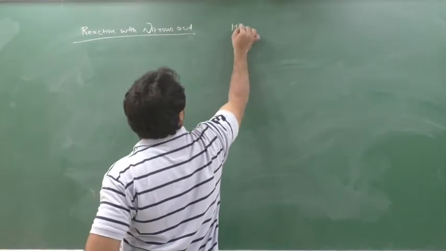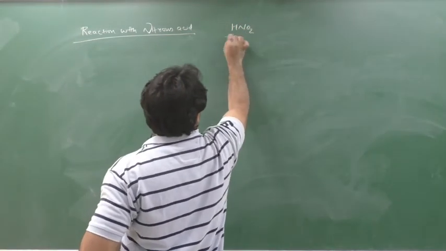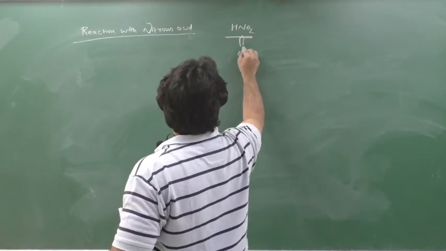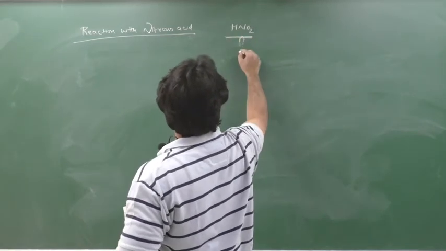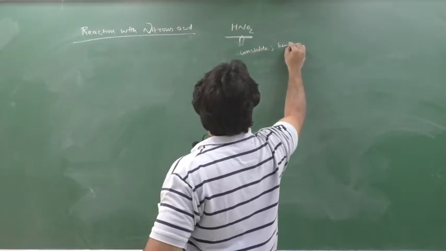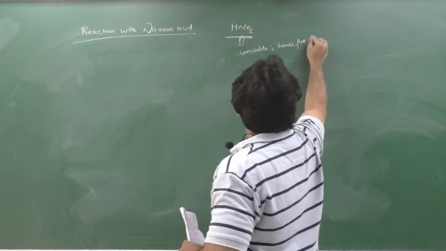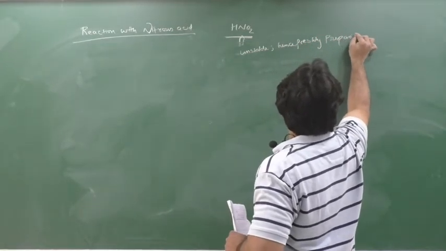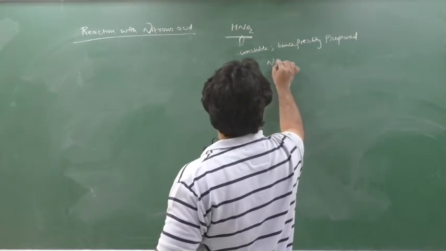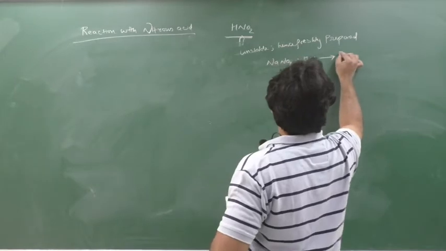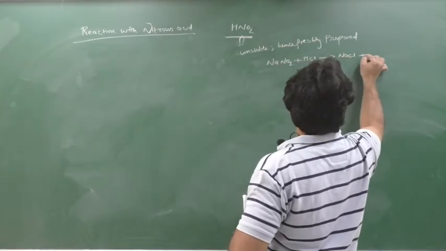Nitrous acid, beta, is known as HNO2 first of all. This is highly reactive, means it is not stable. It is highly unstable, hence freshly prepared. How is it freshly prepared, beta? Freshly prepared by using sodium nitrite and HCl. So you will get here NaCl plus HNO2.